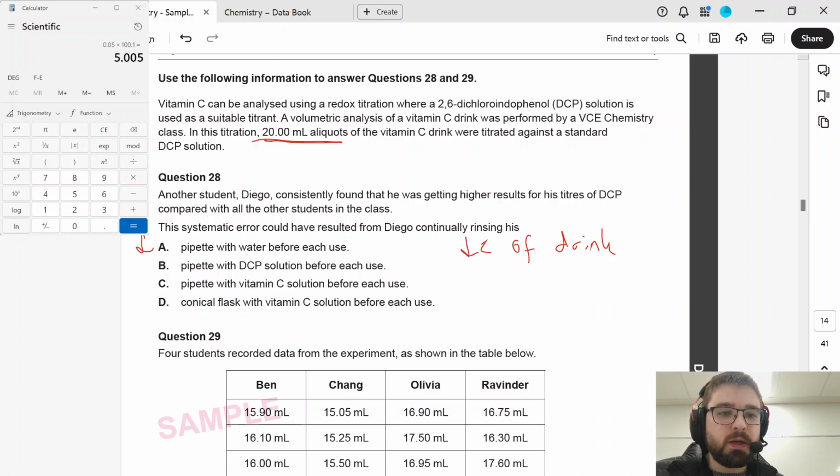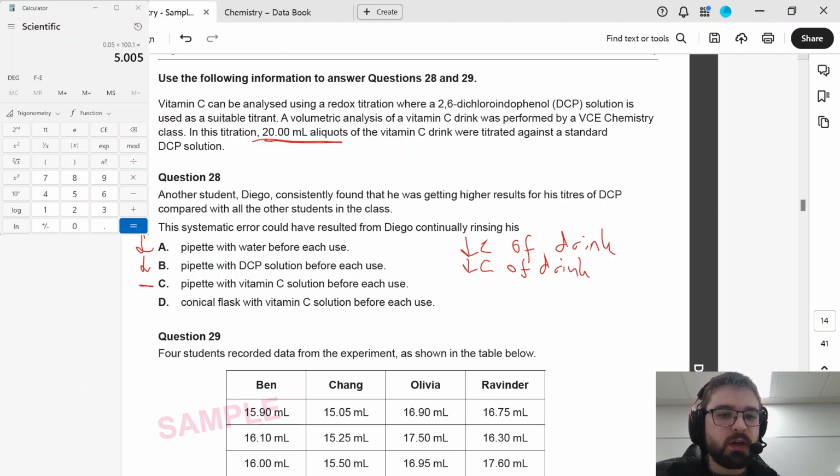Continually rinsing his pipette with DCP solution before each use would also react with the drink and get rid of some of the vitamin C. So that would also reduce the concentration of the drink, because it's kind of like if you'd already added 0.1 mils of the titrant before you even started titration. Rinsing the pipette with vitamin C solution before each use. Is the drink the vitamin C solution? I assume so. No, that's fine. That's what you're supposed to do.